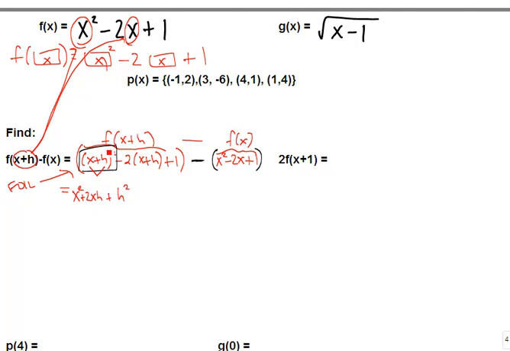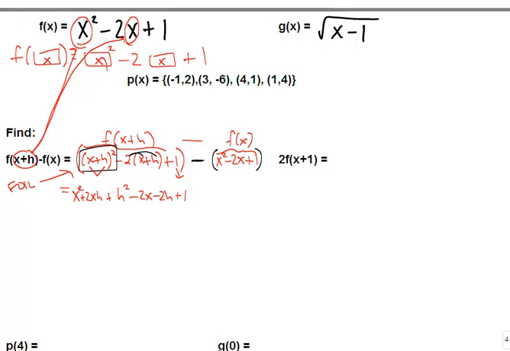A lot of times students forget to FOIL there and they forget that middle term, so please be careful. In the next term here, we're going to distribute this negative 2 across, so that's going to give me a minus 2x and a minus 2h, and then this plus 1 is just going to carry down. So all of these terms here came from f of x plus h.